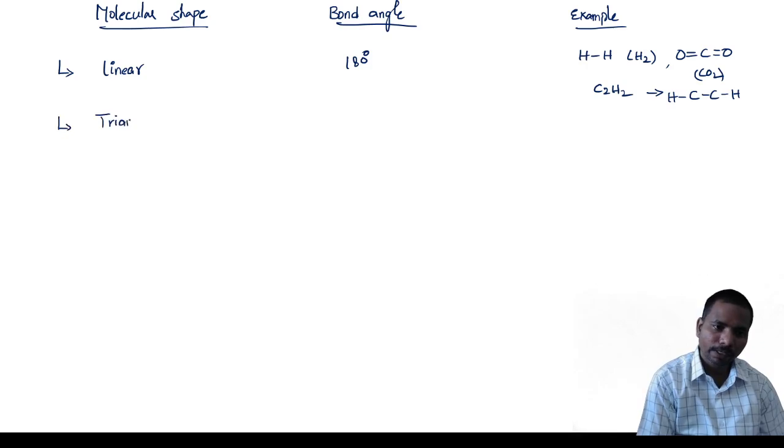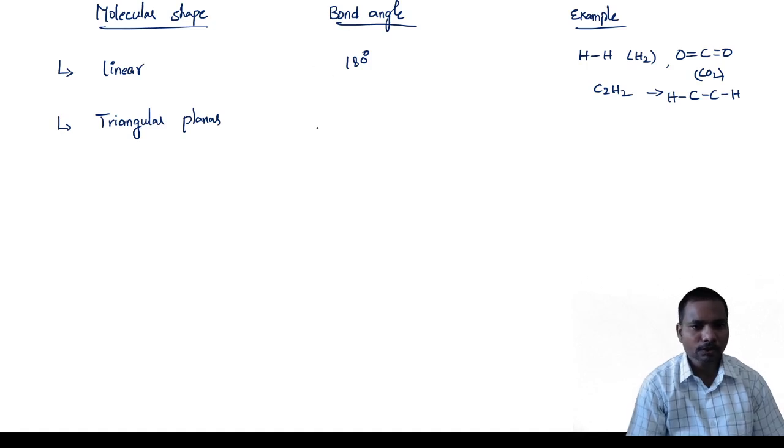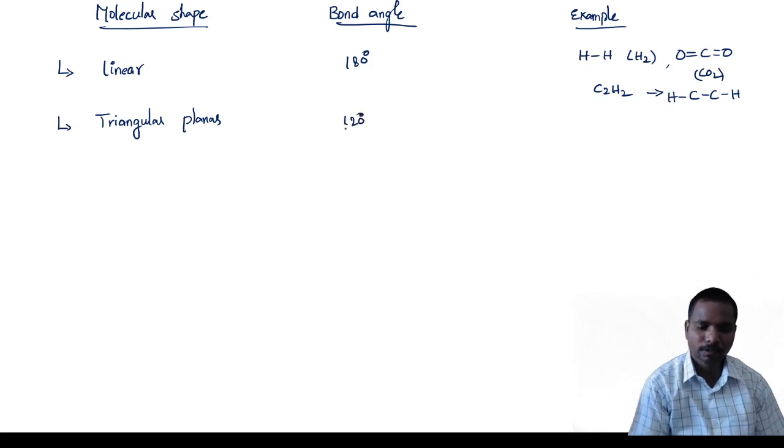The second one, triangular planar. Tri means 3. So what will be the bond angle? 360 by 3, that means approximately 120 degrees.